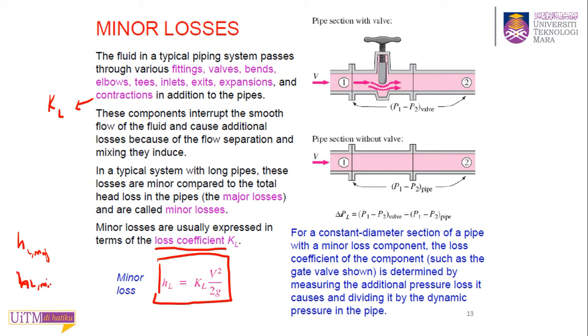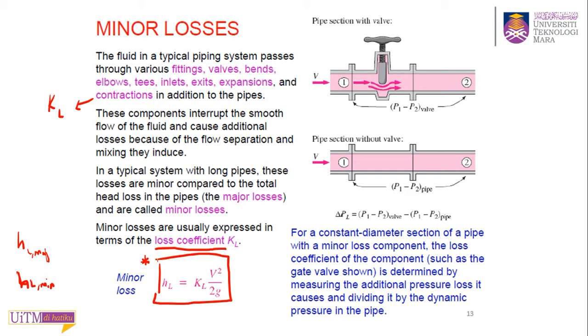If you don't want to confuse these terms, both of them are head losses, but one of them is major and the other is minor. To calculate minor losses, we use this equation: KL, the loss coefficient, times the velocity squared of the flow, divided by 2 times g.